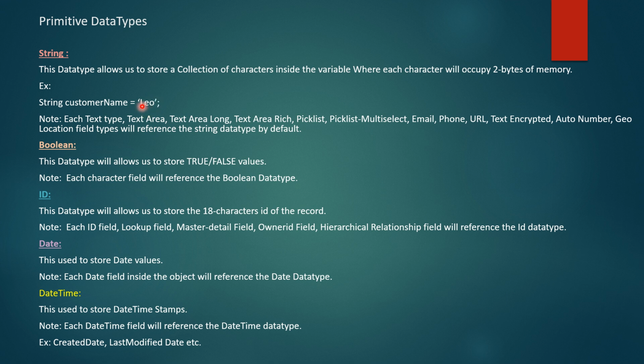Since this is a string, we need to provide this symbol, the quotes, then only the system will recognize it as a string variable. Or else, if we define a variable as a string without this symbol, it will show an error, a compilation error or illegal string.